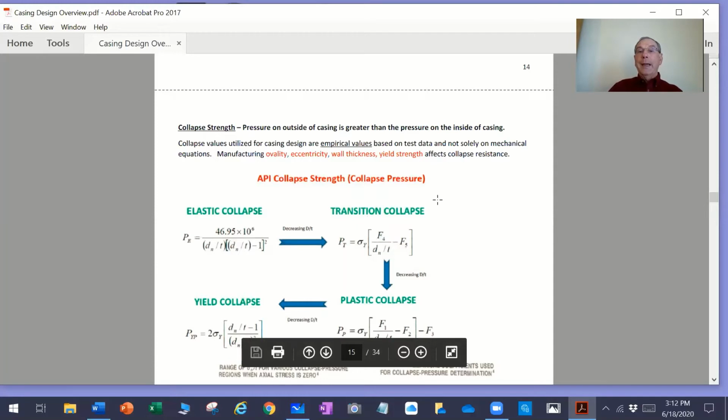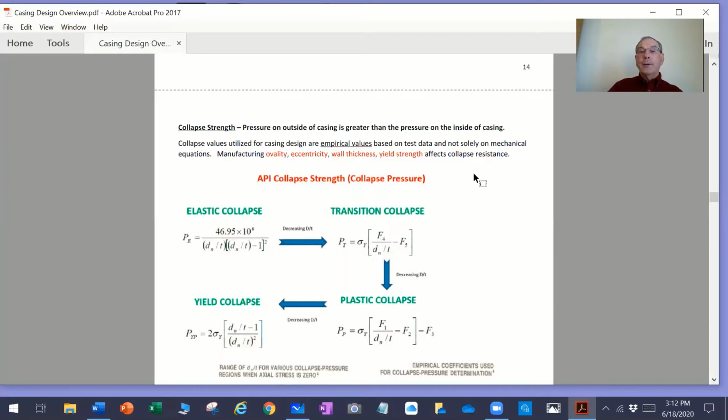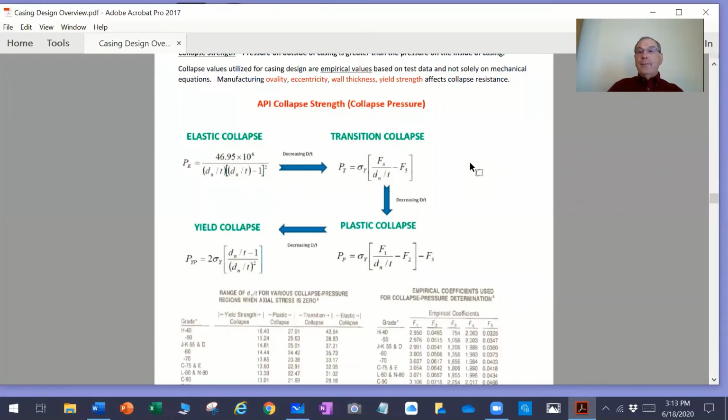So the end result is casing is tested with, I call it, an API process for testing collapse, and you cannot have any failures. And so based on test data, we have equations that match test data in which you will not have failures. So you don't have to really know a lot about this or try to derive it. All you have to do is be able to use it.